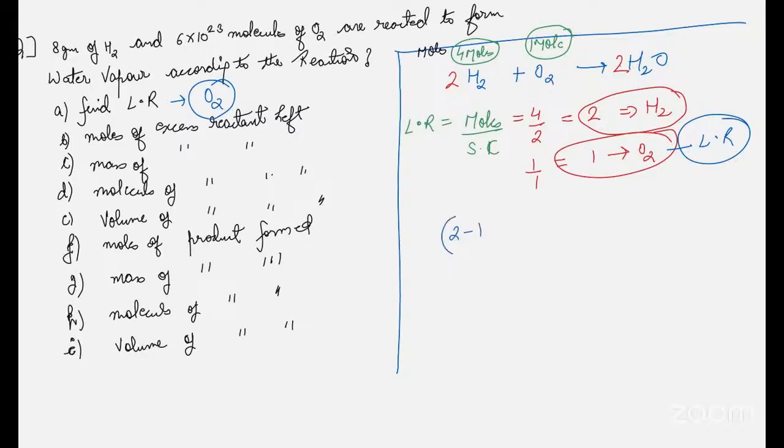But the stoichiometric coefficient, we have to multiply it also. So 2 minus 1 into 2 to get the total moles left. You got that? So now the total moles left will be 2, because 1 mole is consumed and 2 moles of hydrogen is used.